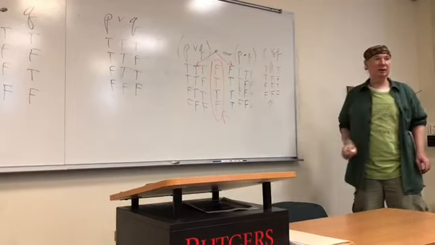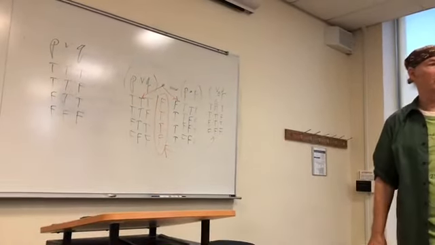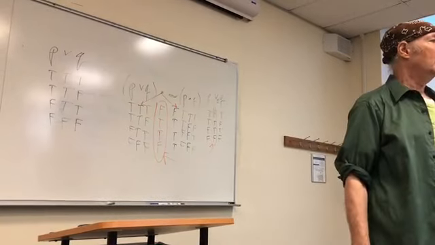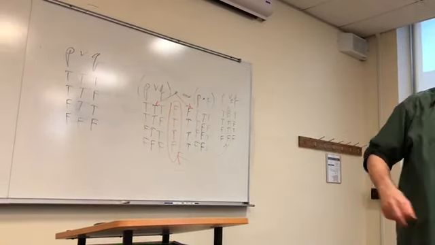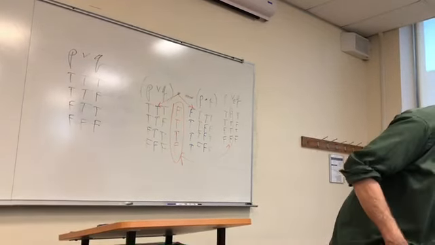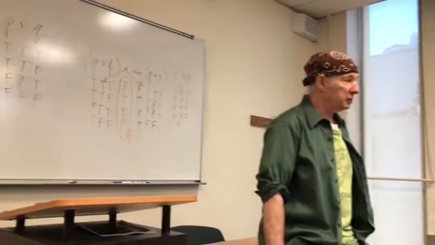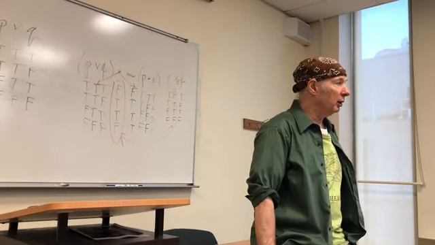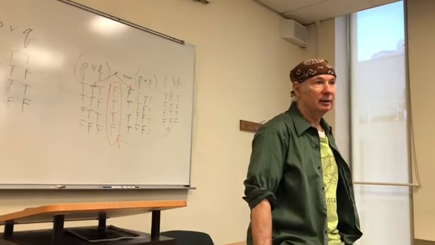The column underneath and the truth table definition of exclusive or are exactly the same, which proves that that sentence defines exclusive or using inclusive or, the dot, and the squiggle.